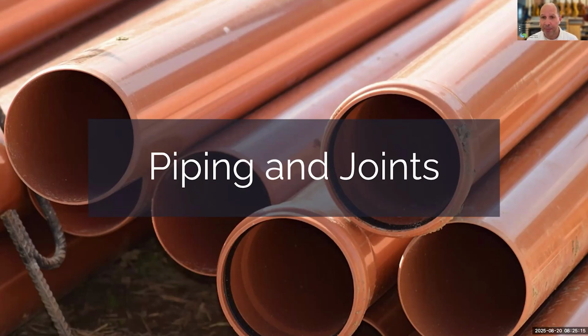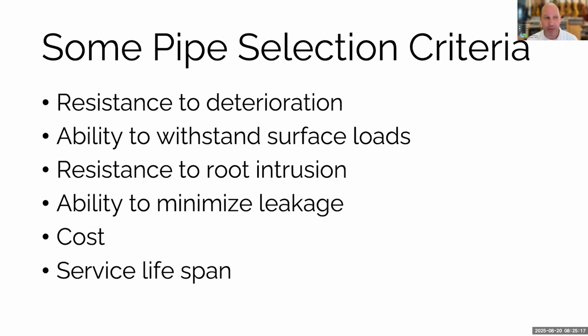But in general, what we're looking for when we pick pipe for sewers is sturdiness: resistance to deterioration, the ability to withstand surface loads because they're typically buried in streets, resistance to things like root intrusion, and as a related corollary, the ability to minimize leakage. And of course, cost and service life are really important.